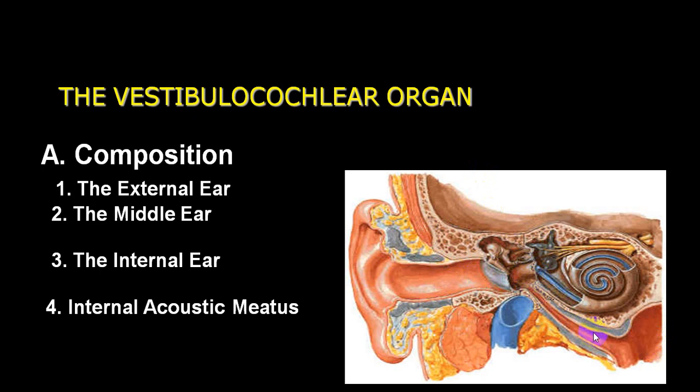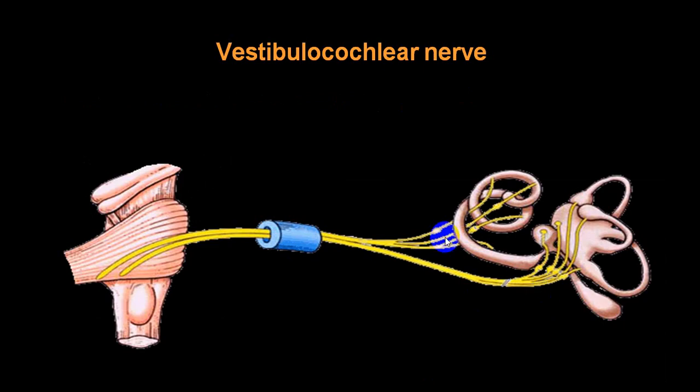The inner ear is a bony portion in the petrous part of the temporal bone, in which you will have two structures, one the cochlear portion and one the semicircular canals with utricle. We'll be showing you that.